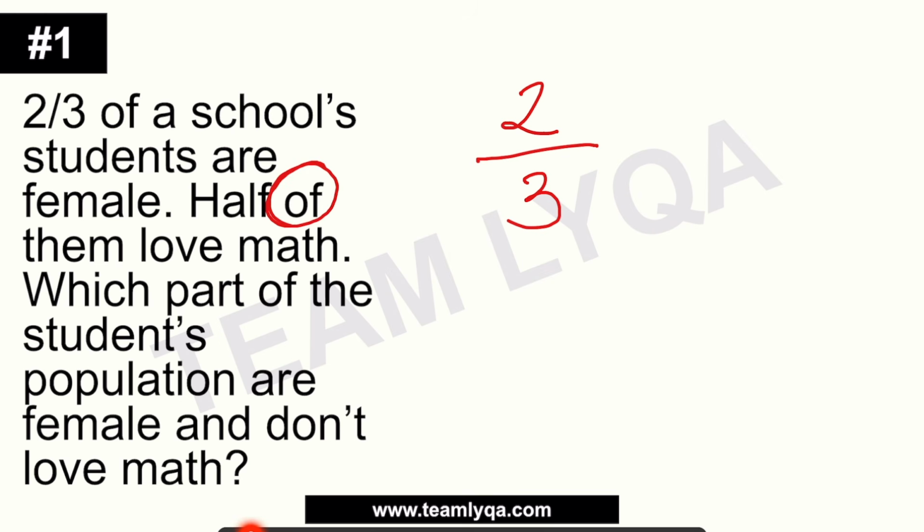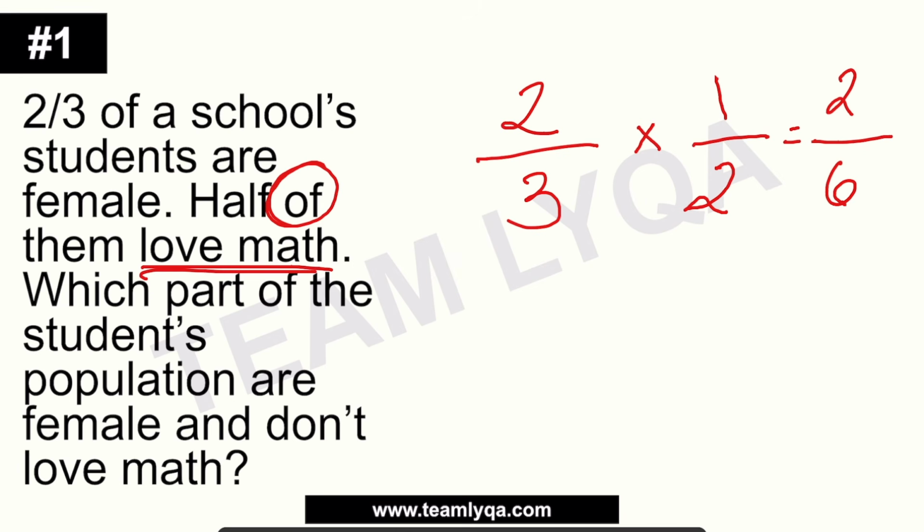Half of 2/3. So, ang gagawin natin is to multiply this by 1/2 to get the girls who love math. So, 2 times 1 is 2 over 3 times 2 which is 6. Okay? So, 2 over 6 or 1/3. These are the females who love math.